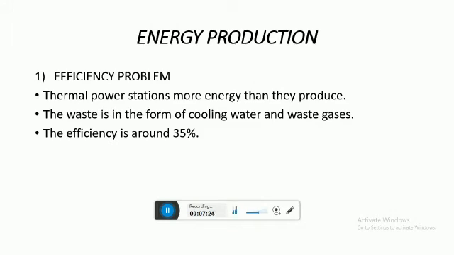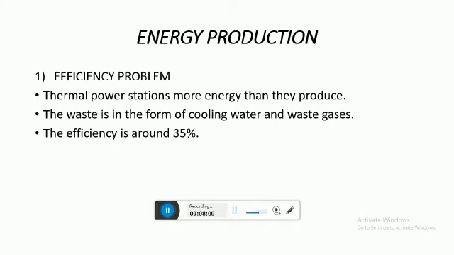In other words, if we have 100 joules of energy, only 35% we will get, and the remaining will be lost in generators, turbines, and running the power station. So around 65% of the energy is lost.